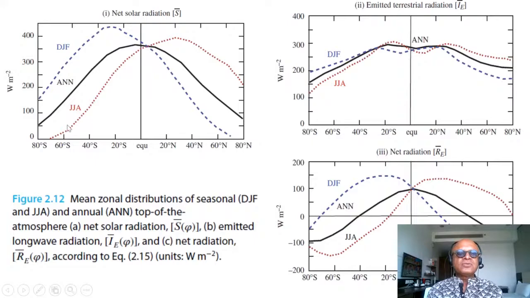Okay, so you can see again the radiation distribution is now what we expect when we average the equinoctial and solstitial seasons. Okay, this is emitted terrestrial radiation, annual mean, and December, January, February, and June, July, August. Again, what do you remember?